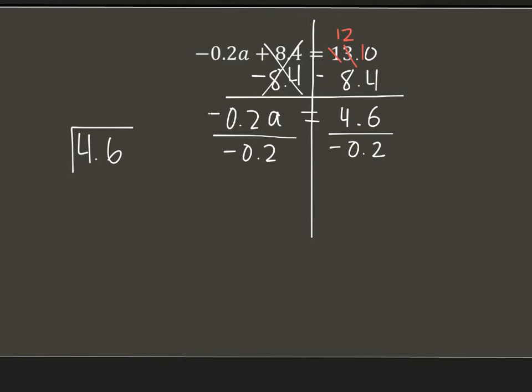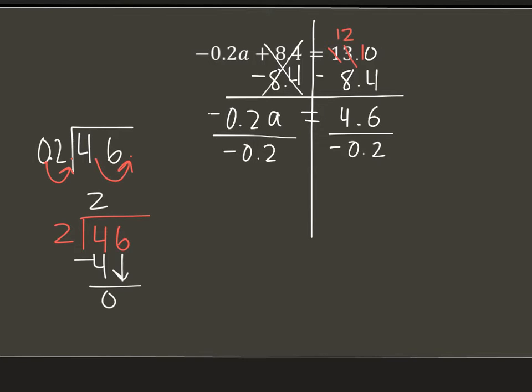So off to the side, let's do this division. 4.6 goes in your house, 0.2 goes outside, but when we're dividing with decimals, our outside number needs to be a whole number. So remember, slide baby slide, we need to move that decimal over. So our new division problem becomes 46 divided by 2. 2 goes into 4 2 times.